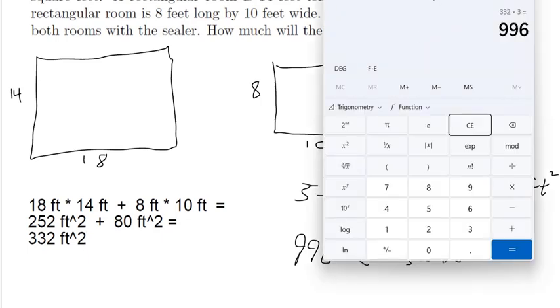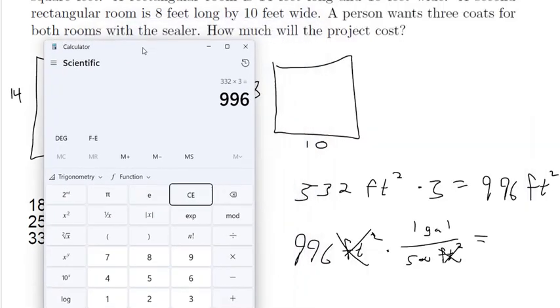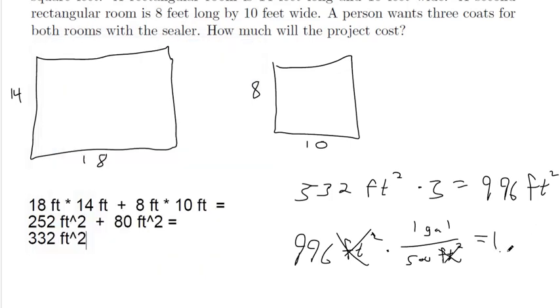So I can do that left to right on your calculator: 996 times 1 divided by 500. So that's 1.992 gallons. Since we can't buy 1.992 gallons, we'll round up. It's going to be 2 gallons that we need. And then there's $60 each. So it looks like the cost of the product is going to be $120. Now if you hire out, you got to figure in labor too, which is probably going to be a lot more.